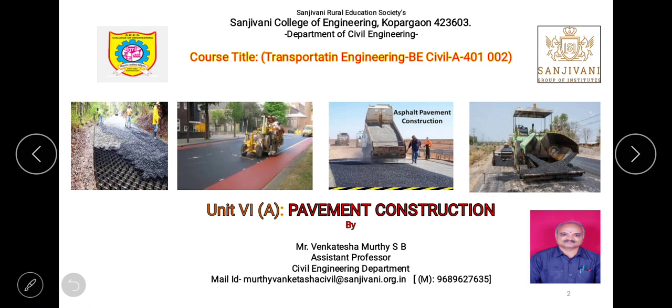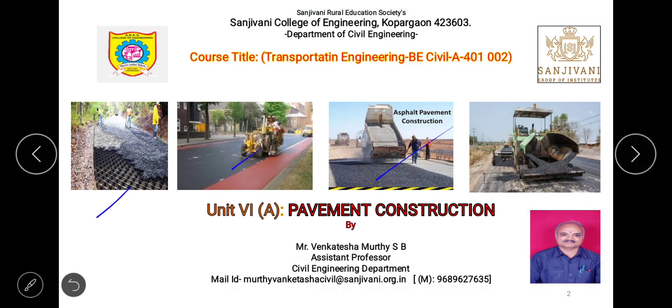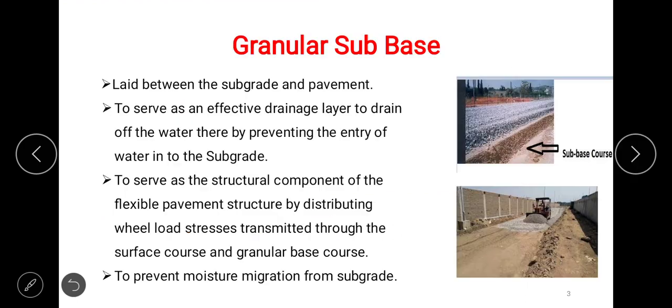You can see on this various photographs which are actually during construction in the field. Right? You can have a glance over all these photographs. To start with, we will see granular subbase.